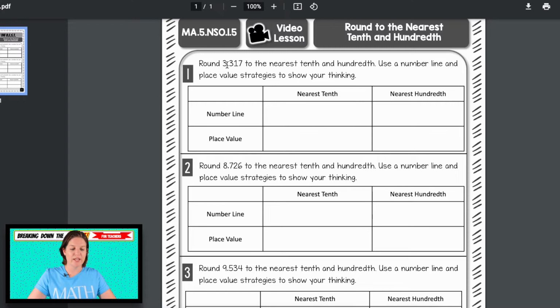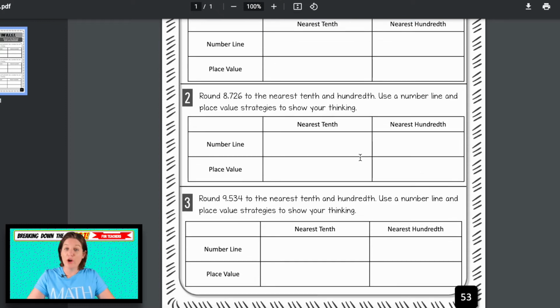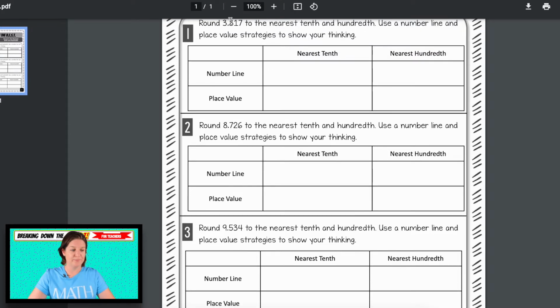But you can see here, we're taking this number, we're going to round it to the nearest 10th and the nearest 100th. We're going to use a number line and we're going to use place value. So 2 different rounding places, 2 different mechanisms to show to round. Okay, the rounding wrap does not exist in here because I wanted to stay true to what the standard was clarifying, and that's what you will find here.